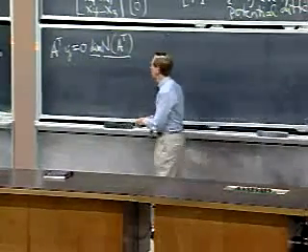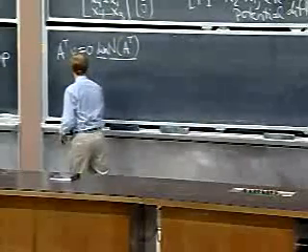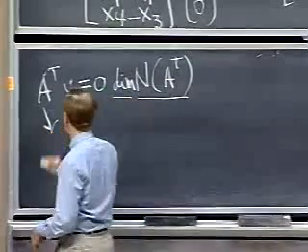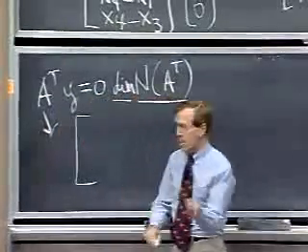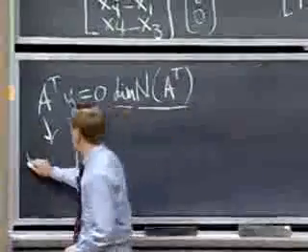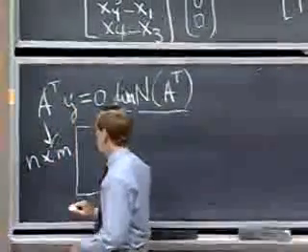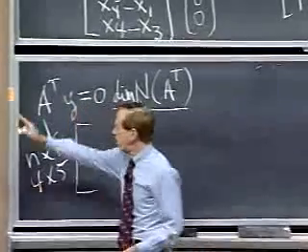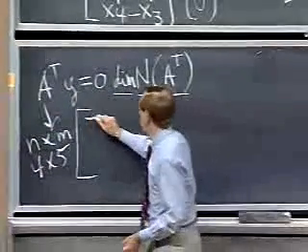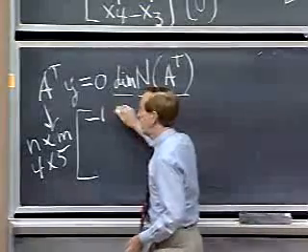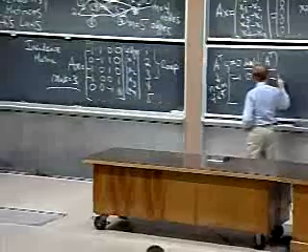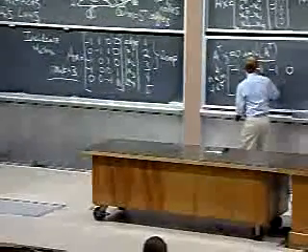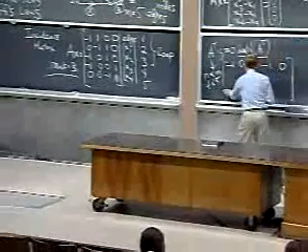Let me write out A transpose. A transpose will be n by m, right? In this case, it'll be 4 by 5. Those columns will become rows. Minus 1, 0, minus 1, minus 1, 0 is now the first row.